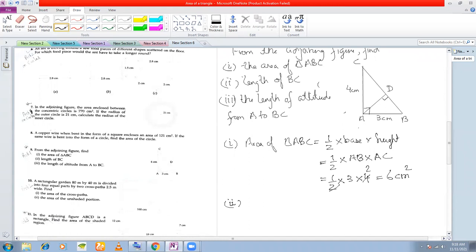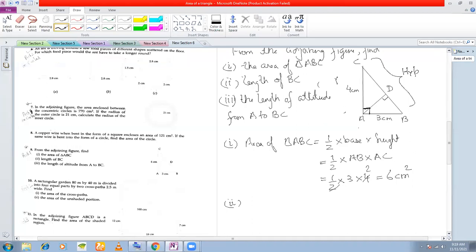Second, the length of BC, that is the length of this. How will you find out the length of this? If you remember, I told you Pythagoras theorem. This is the hypotenuse of this right angle triangle, right? Because it is opposite to this 90-degree angle. Therefore, this must be the hypotenuse.